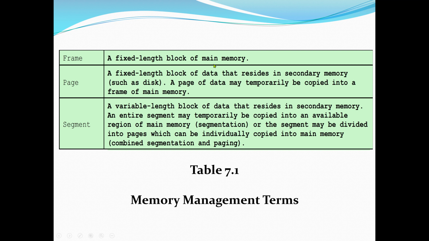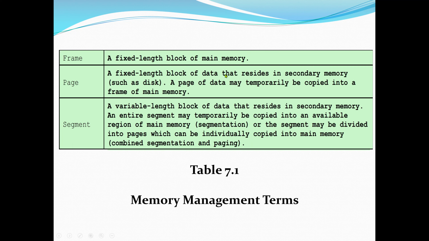Now, the difference between main memory and secondary memory is that in the main memory, the data is volatile. Volatile means when the computer goes off, we lose all the data. Normally the CPU executes instructions from the main memory.